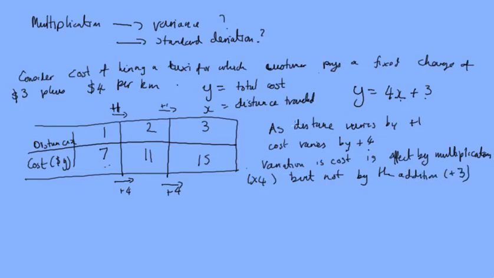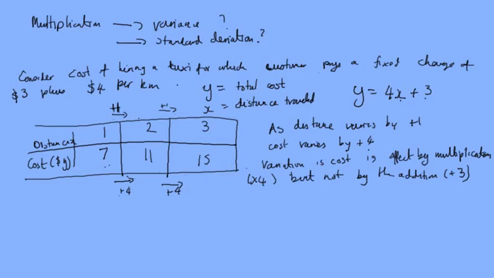So let's just look at the data to see this. As you increase the distance each time by 1, you see the multiplication factor 4 being added each time, but you don't see this plus $3 standard fixed charge. That doesn't reflect. You don't see 3 coming into the data set.